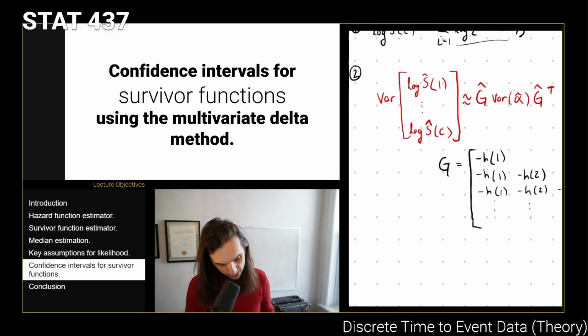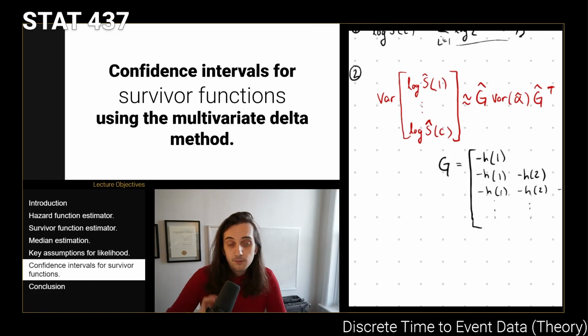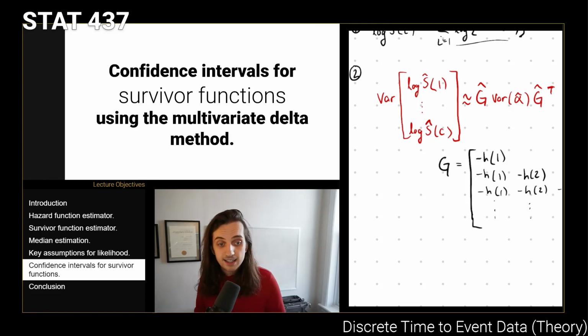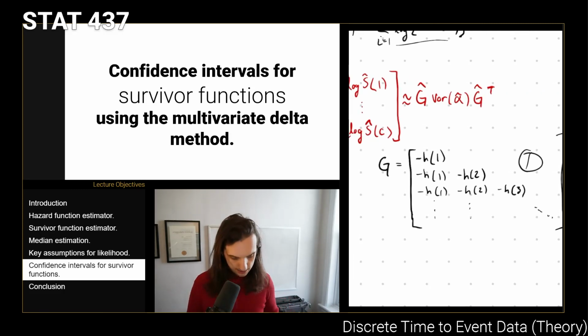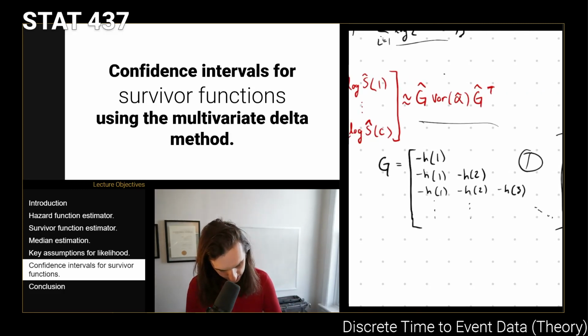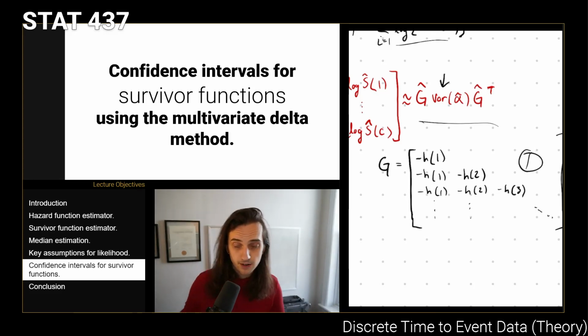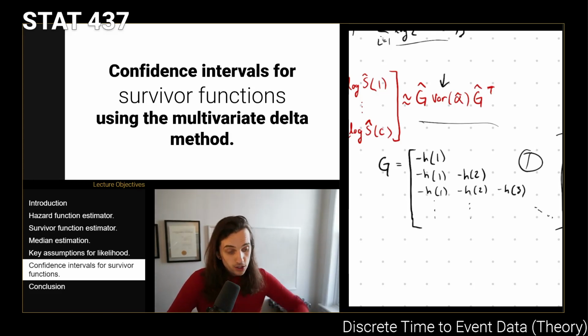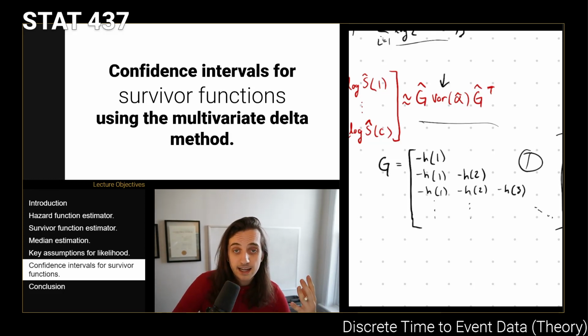Okay, but with this relationship, if you take it for granted, then what we have is approximately normally distributed confidence intervals using this estimation here, where again, this is estimated from our GLM, for instance. And so using this variance result, we have Wald-type confidence intervals for the log of our survivor function, right?